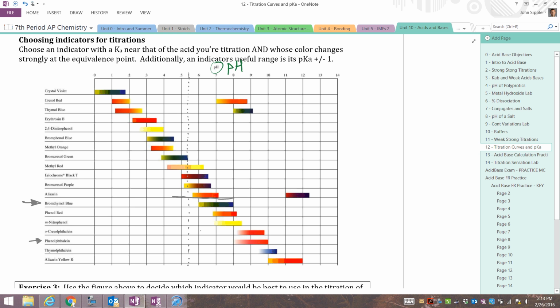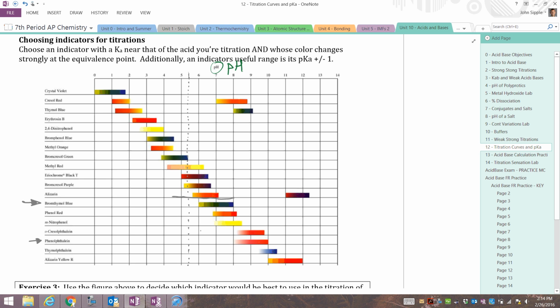So universal indicator is something I'll do a little demo on Monday too. It has multiple indicators in it, so it will change color all the way along, it can basically represent every pH, because it's a solution of a mixture of a bunch of different ones.